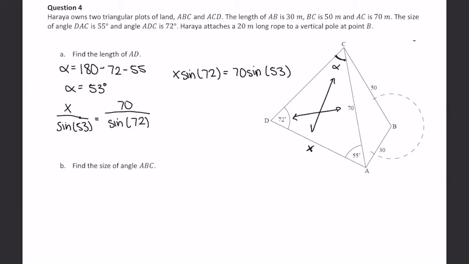If we divide both sides by the sine of 72 to get x by itself, then after plugging the right side into a calculator, x is equal to 58.9 centimeters. So there's our first answer for part A.